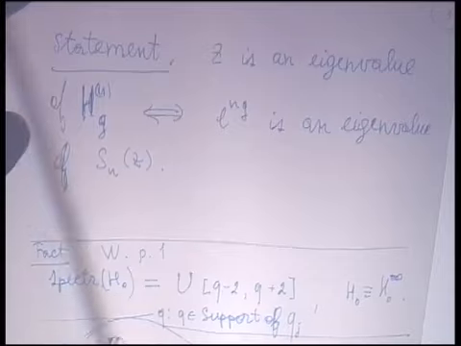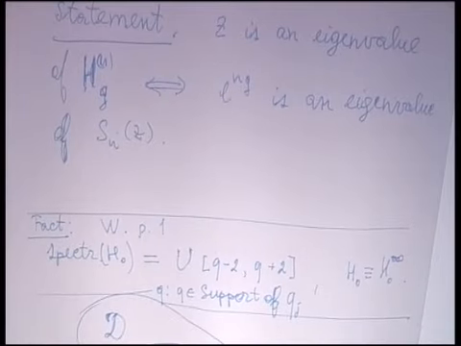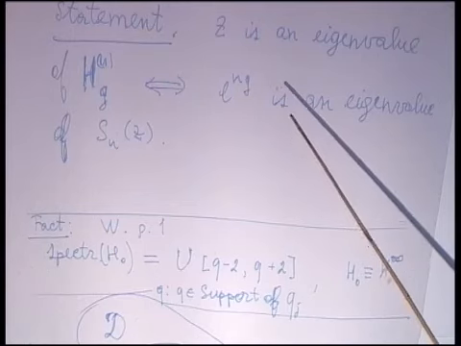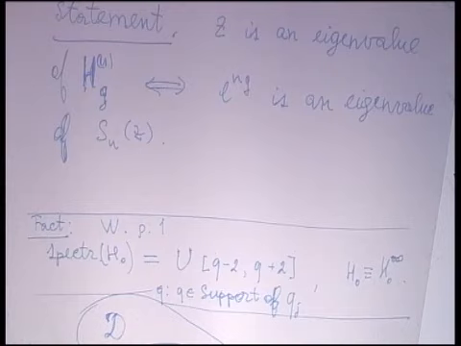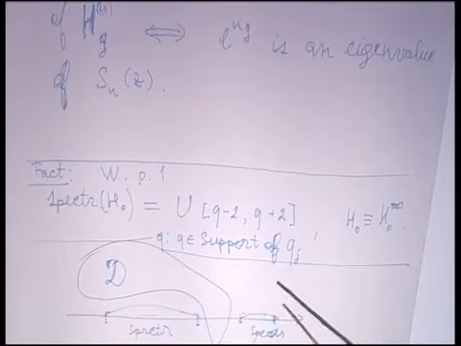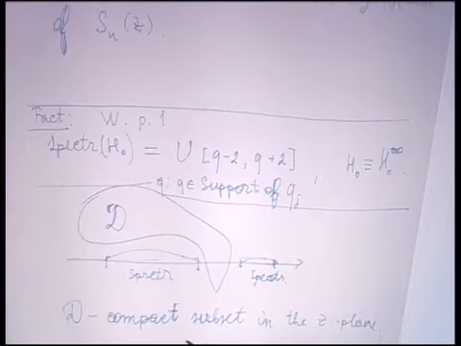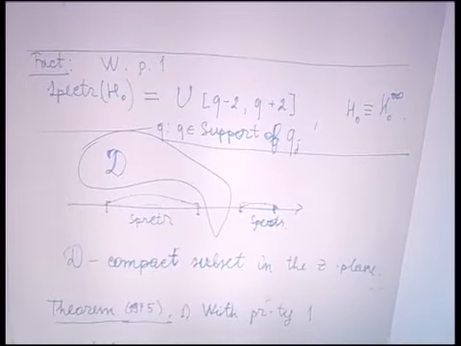This is just what I said already, that Z is an eigenvalue if and only if e to the power n j is the eigenvalue there. Now, so what? We have looked at the behavior of this thing, but what turns out to be interesting is that this behavior depends very much on Z, of course.